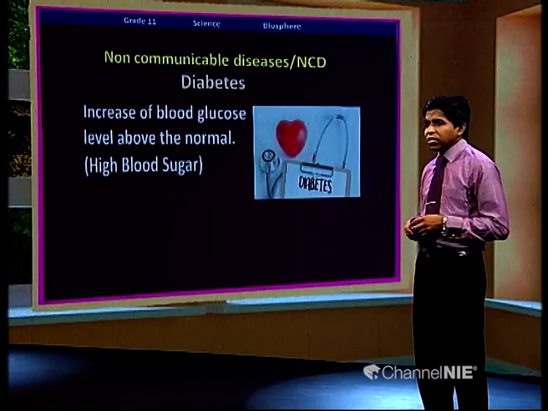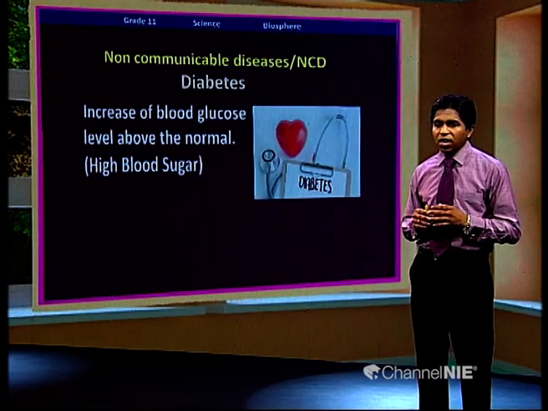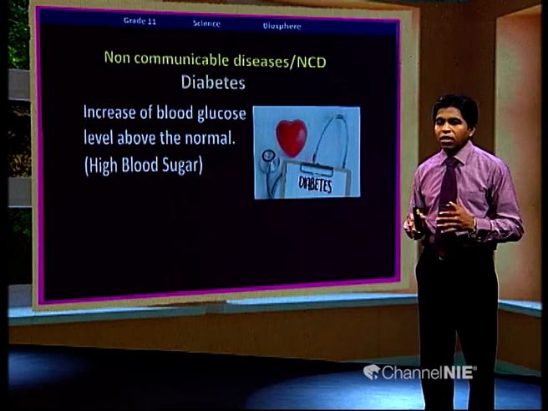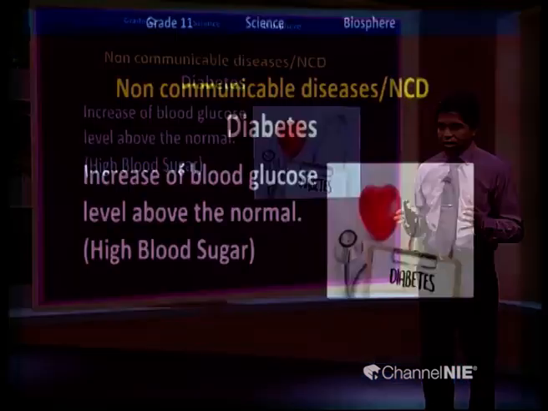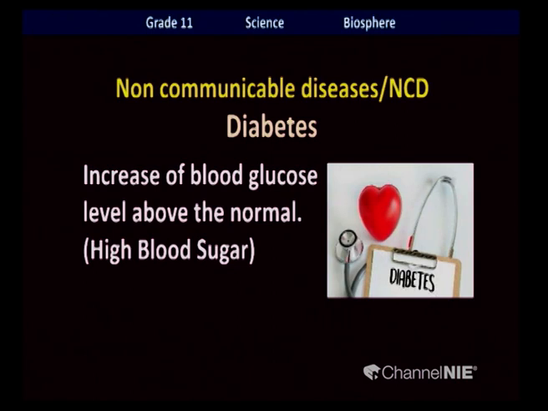Next, another non-communicable or non-infectious disease: diabetes. This is one of the most common diseases in the world now, and large amounts of diabetic pills are taken by these patients. So what is diabetes? An increase of the blood glucose level above the normal value.